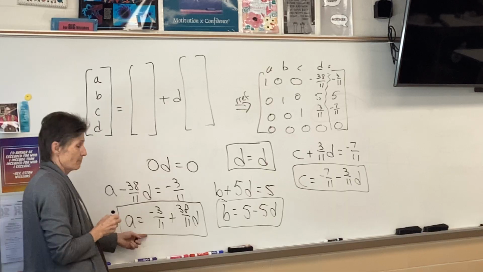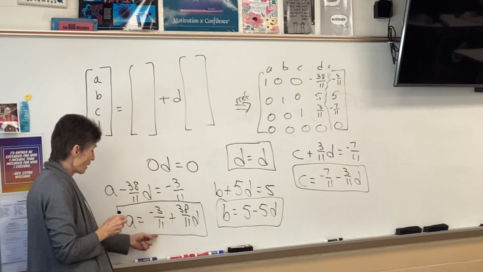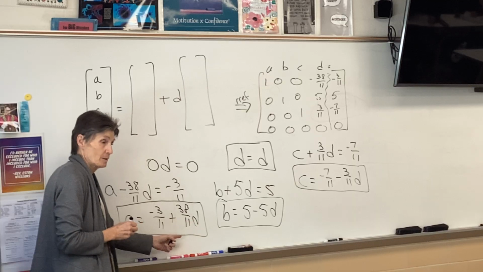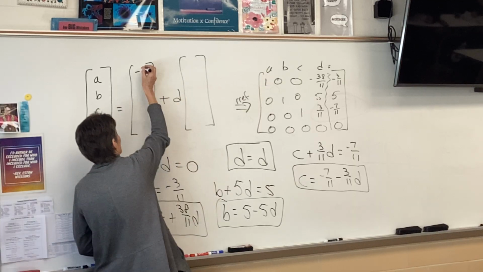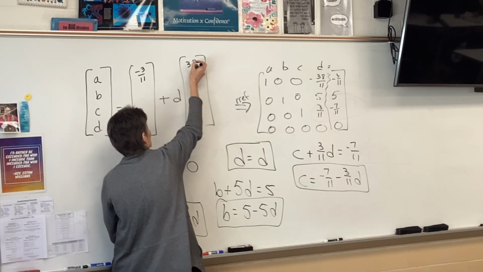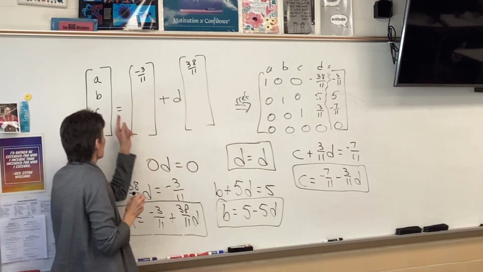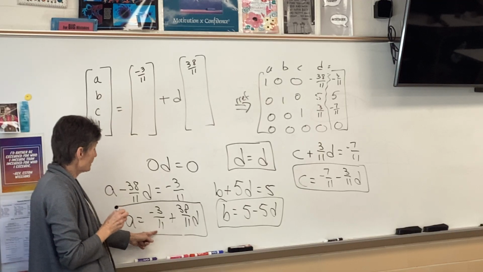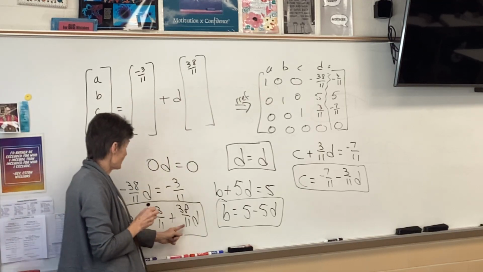If you look at A, it has a regular number and a D. So, regular number and a D. So there's A. Its number part is negative 3/11 and its D part is 38/11.